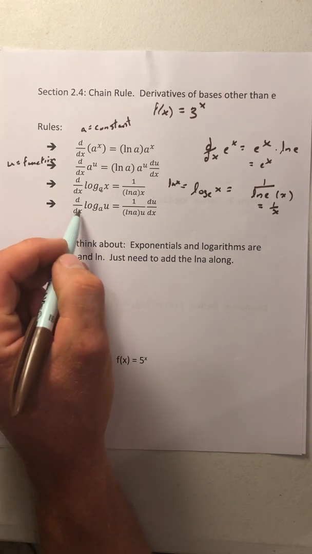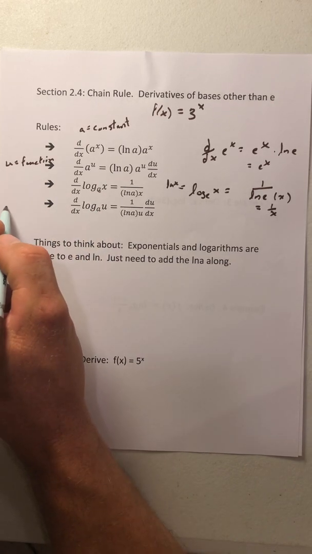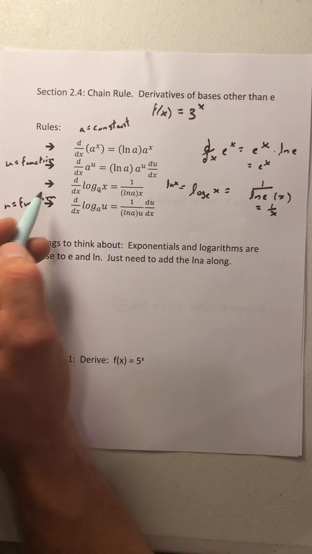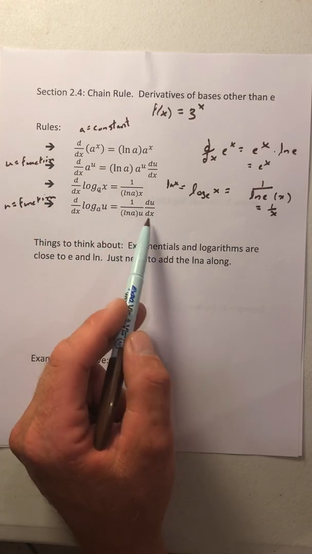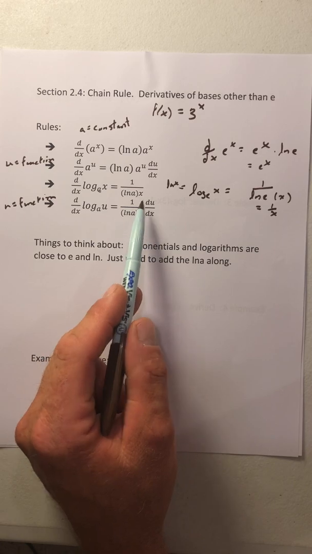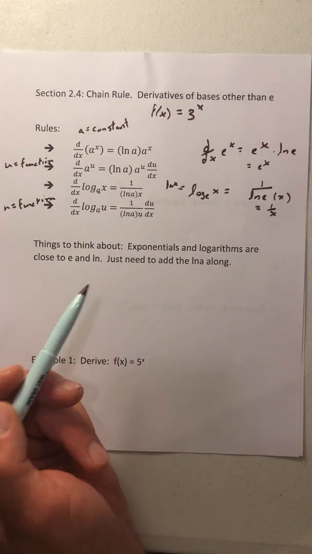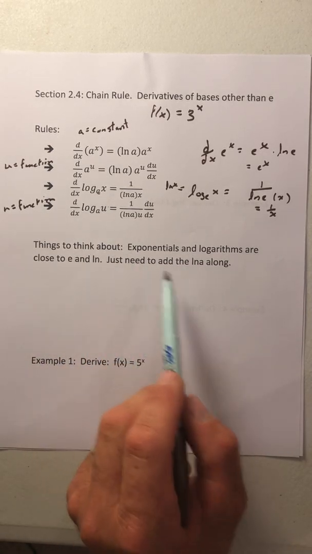What happens if we have the derivative of a log base a of u? Again, u, I should have written out, is a function. So here we take 1 divided by the natural log of the base times the function, the value there, and then times the derivative of that function that we're taking the log of. So again, things to think about.